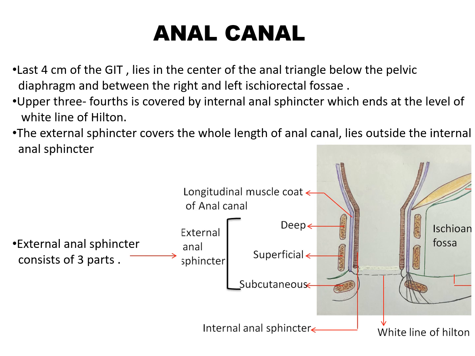The external anal sphincter is divided into 3 parts: the deep part, then the superficial part, and superficial to the superficial part, the subcutaneous part. The anal canal, the internal anal sphincter, and the external anal sphincter, we have already discussed in detail.